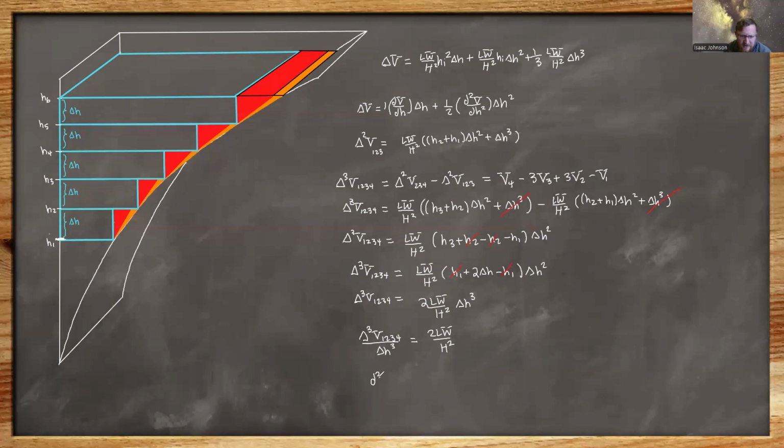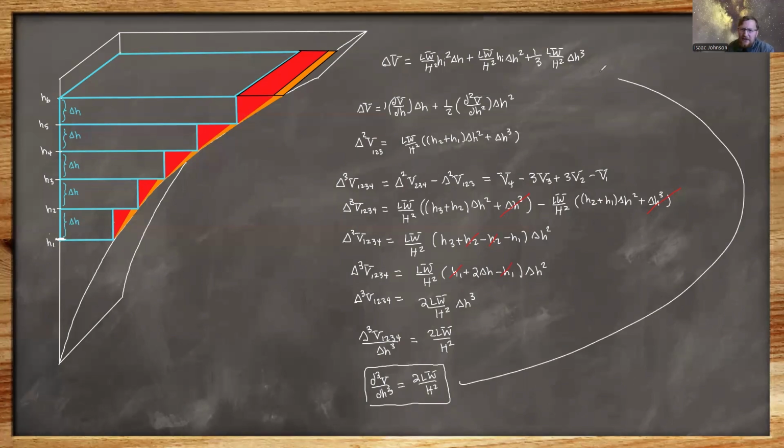So for our third derivative with respect to H, we just get a constant, and it's just 2LW over H squared. And that has similar format to the quadratic bit. So what would we have to do with d3V/dH cubed to turn it into looking like this term, or the increase caused by the quadratic bit?